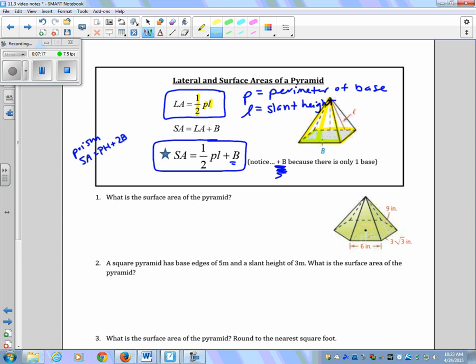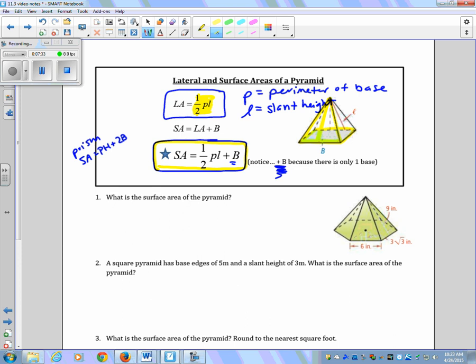So that's why it's 1/2 PL, because it's related to the formula for the area of a triangle. So total surface area is 1/2 PL plus the one base.